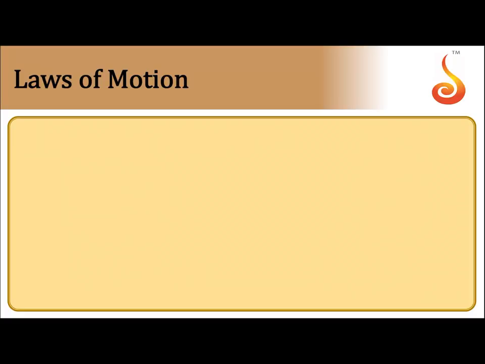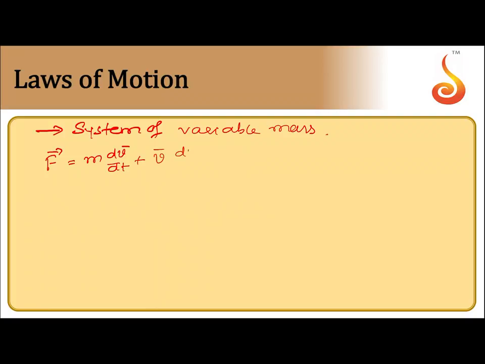Before I take up different cases corresponding to motion of a block, let us take up one more case of Newton's laws of motion, that is, a system of variable mass. We had learnt that force is given by m dv by dt plus v dm divided by dt.